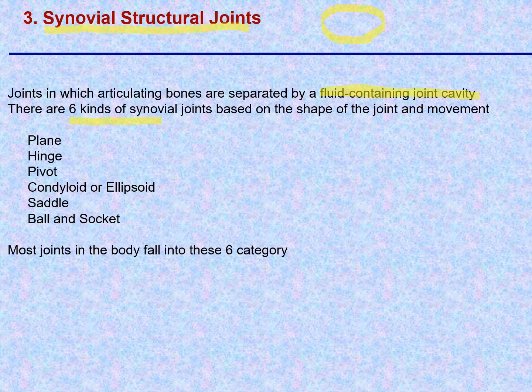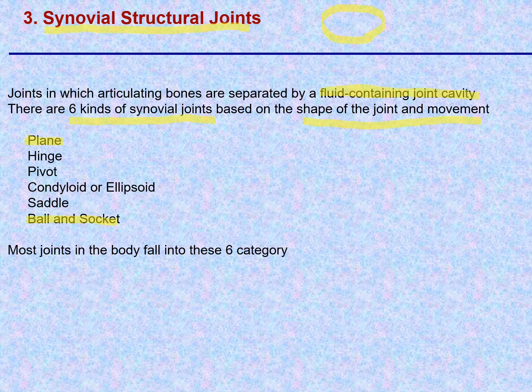There are 6 kinds of synovial joints. I will not ask you the names of these 6, but they are based on the shape of the joint and the type of movement. There is one I would want you to know certainly, which is the plane type of synovial joint that's found in association with the 2nd to the 10th pair of ribs, and the ball and socket, which is found in the shoulder and in the hips.